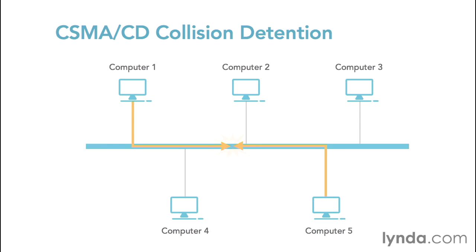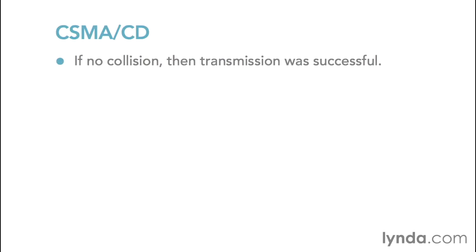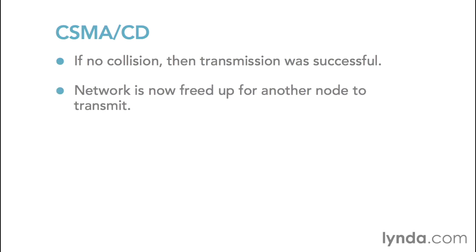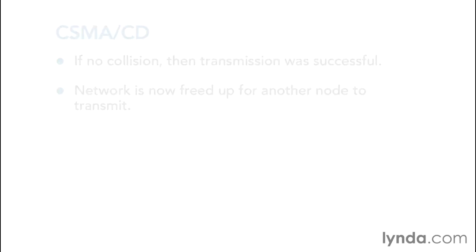Well, when they did, their packets ended up hitting each other somewhere in the middle of the network, causing a collision, and therefore the data was lost and the collision was heard by all the computers on the network. If a collision doesn't take place, then CSMA/CD considers that the transmission was successful, and now the network is freed up for another node to transmit.